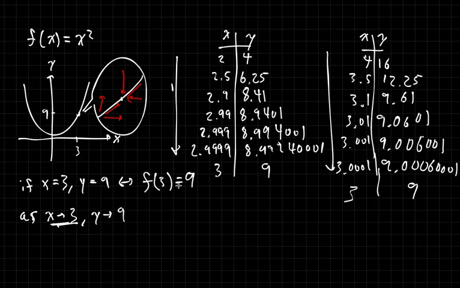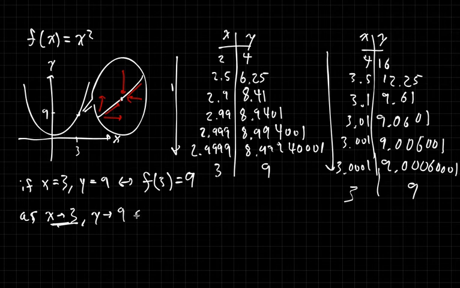So this is essentially what a limit means. You are, as an x value is approaching some number, what is happening to y? What is y approaching? So all you're doing is following the curve. So in this case, this is a number that y approaches. So this can actually be expressed using mathematical notation.